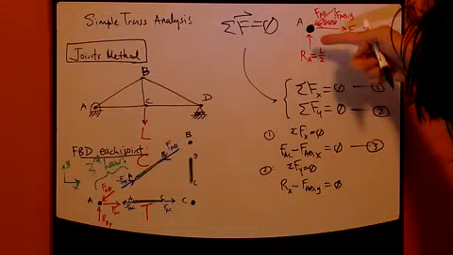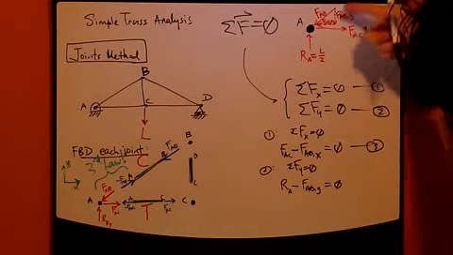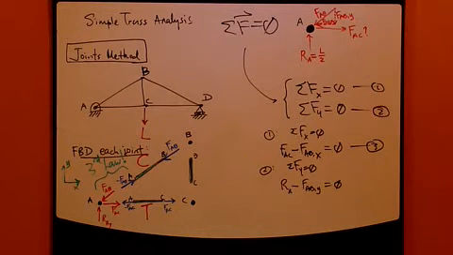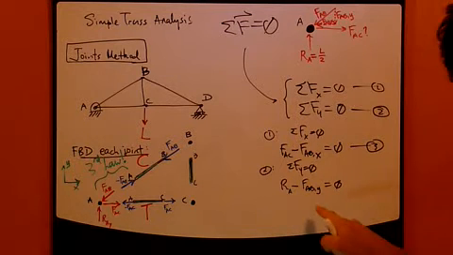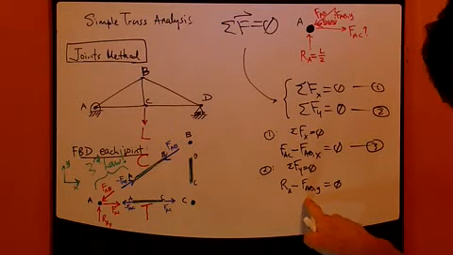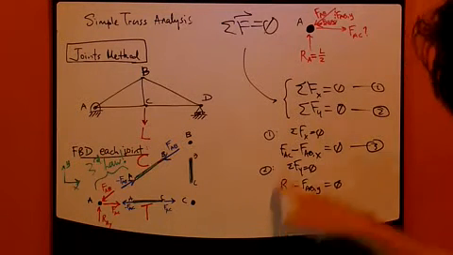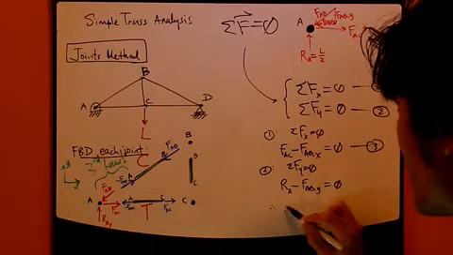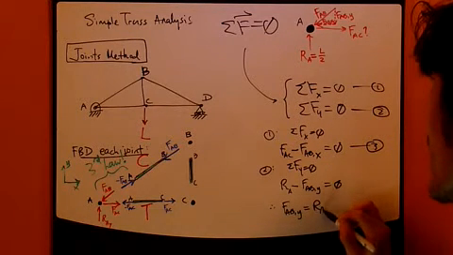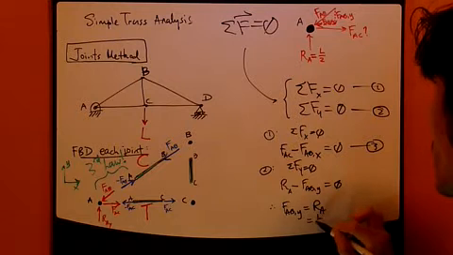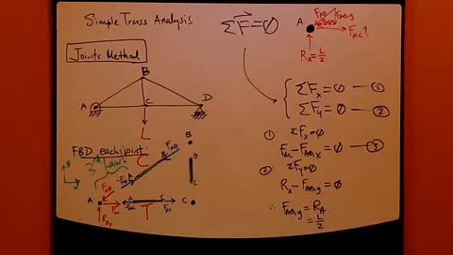So left-hand side, only these two vertical forces. That's all. And in this equation, I have only one unknown, FABY, since RA we know. So FABY equals RA, and RA equals 1/2 of your load.